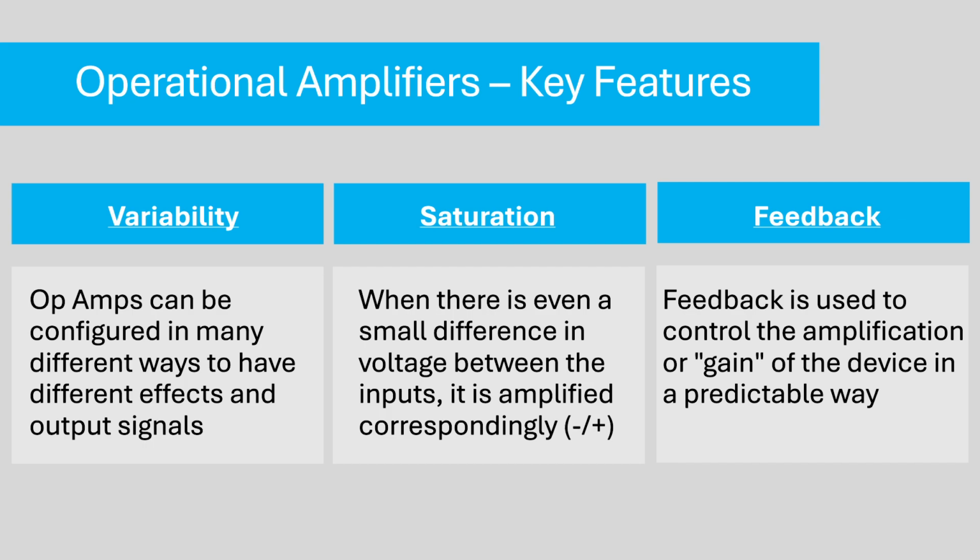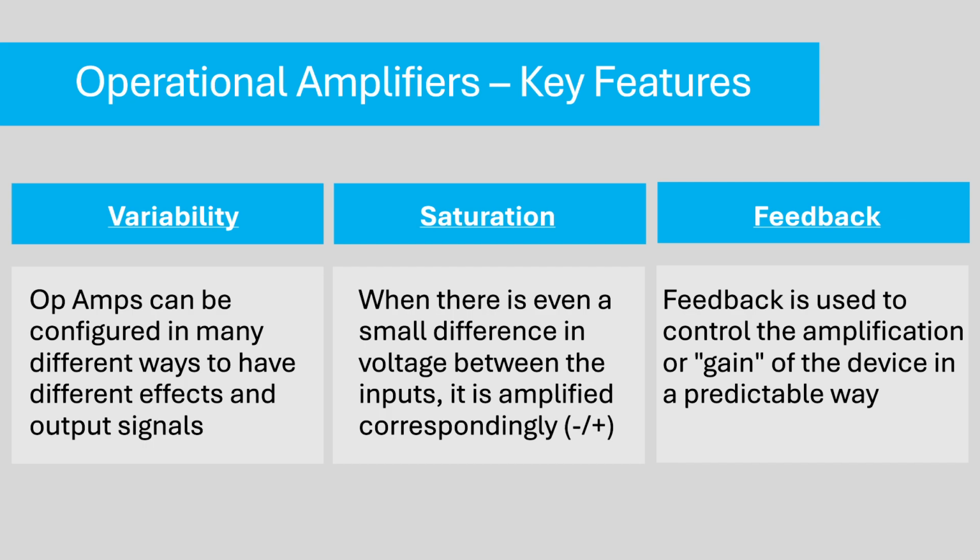If typically we're expecting a 5-volt output and our supply is 5 volts, even if we only have a difference of, say, 0.1 volts, we can amplify that to 5 volts. That's the saturation happening there.